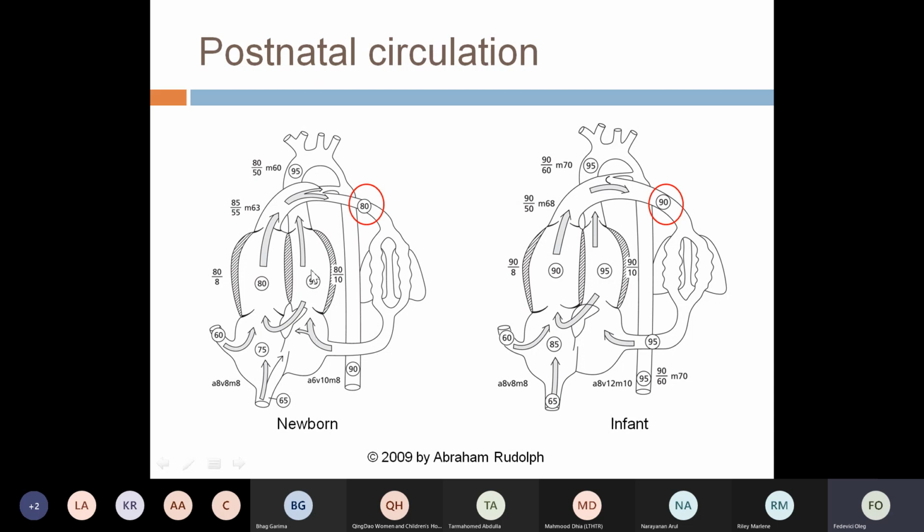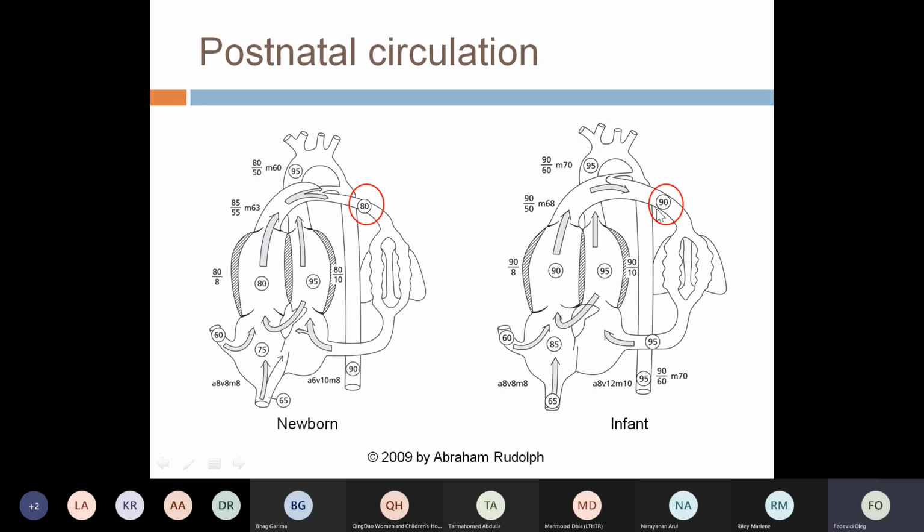And because of the higher oxygen saturation in the right ventricle, we've got a bit of overcirculation through the lungs, but due to newborn pulmonary vessel resistance, it's compensated, and it gets worse in the infant period after months of time with dropping of PVR.